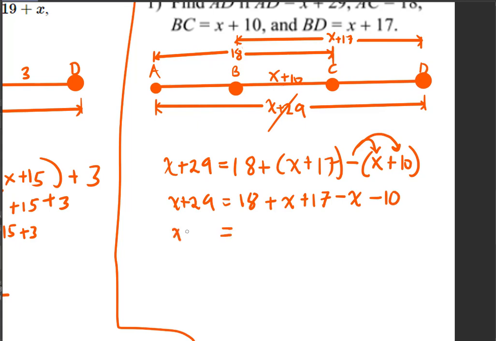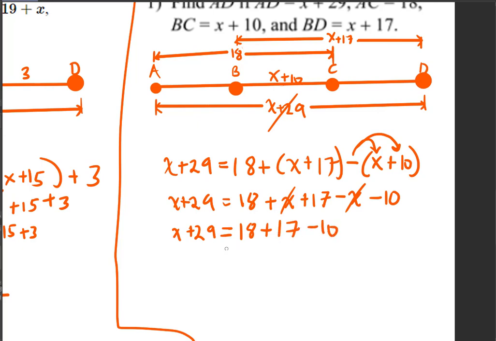So I now have x plus 29 is equal to 18 plus x plus 17 minus x. Oh, I didn't actually simplify anything there. So let me go ahead and simplify this. x minus x will cancel out, so I end up with 18 plus 17 minus 10.